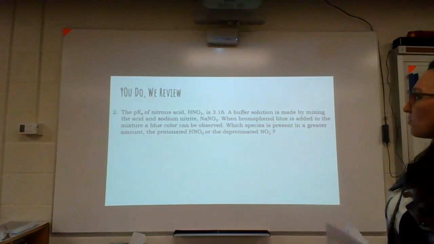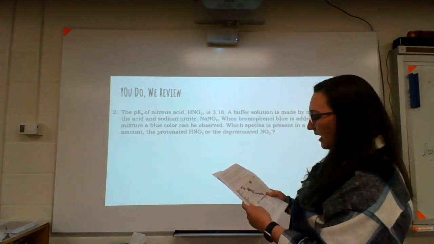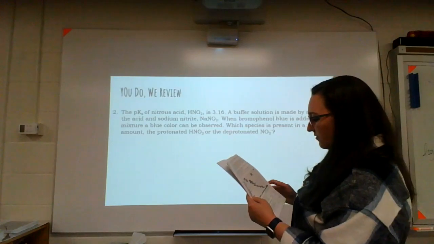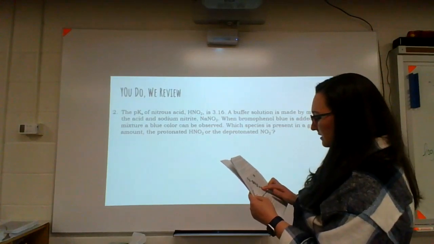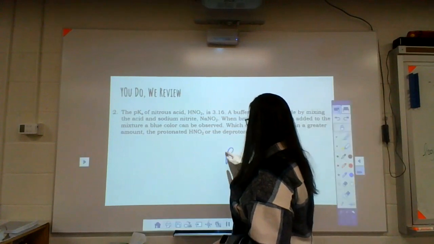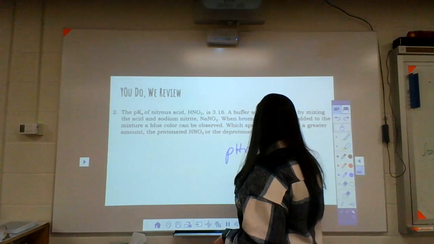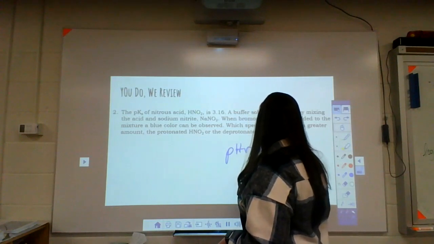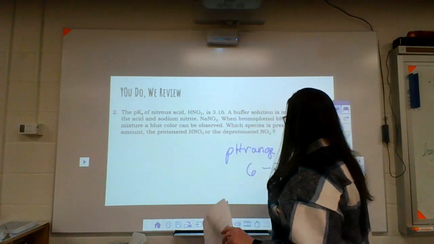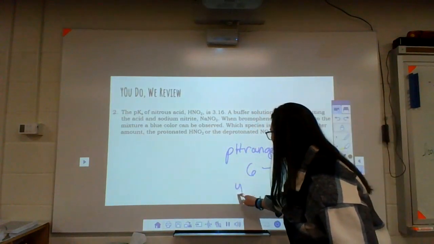So, bromophenol blue, if we look at the scale that's on our packet, the range for bromophenol blue is 6 to 7.7. On the end that is 6, this is yellow.